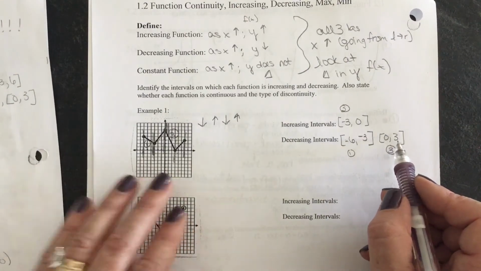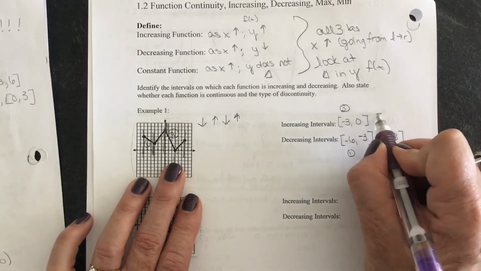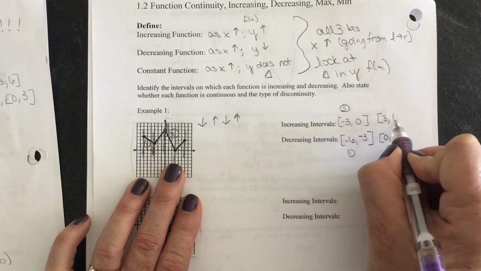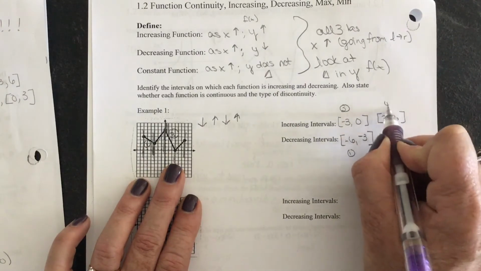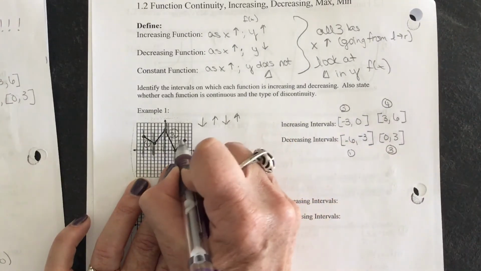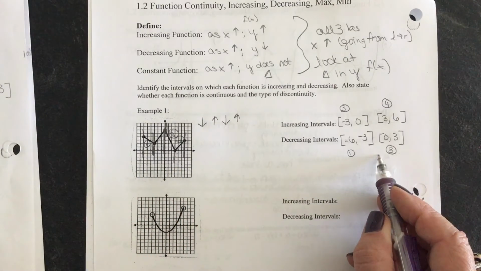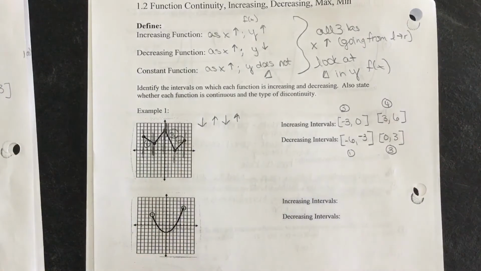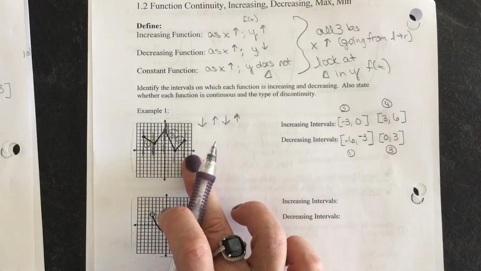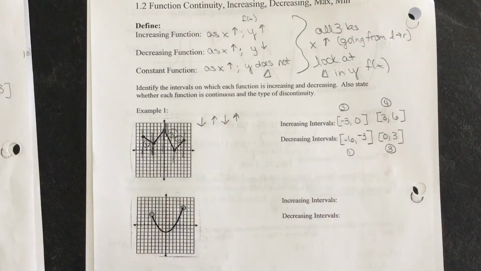And then I end in an upward motion from 3 to 6, and that would be my last and final interval. Again, representing increasing and decreasing using interval notation, brackets and parentheses. All of those were closed circles, therefore I have brackets in every one of those intervals.